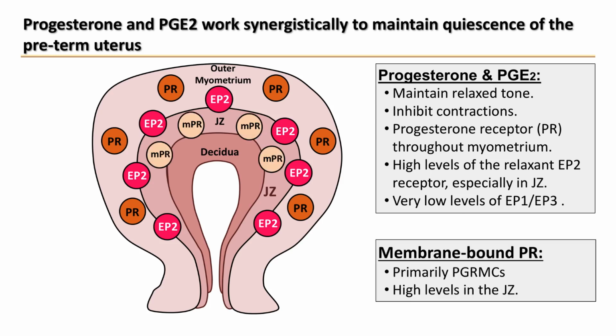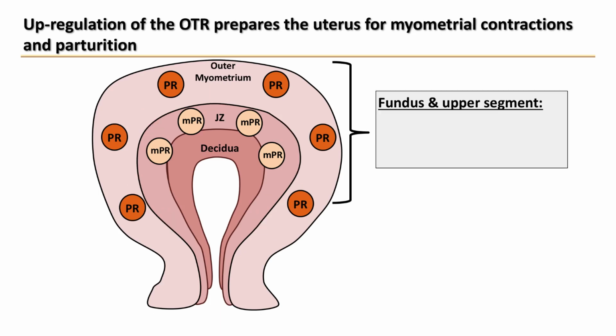Recent studies have further demonstrated that we also have membrane-bound progesterone receptor, predominantly the PGRMCs, which are localized in very high levels in the junctional zone, thereby giving progesterone two mechanisms of action to cause quiescence and calm the myometrium. As pregnancy progresses, we now see that the oxytocin receptor numbers increase, thereby preparing the uterus for myometrial contractions and parturition.